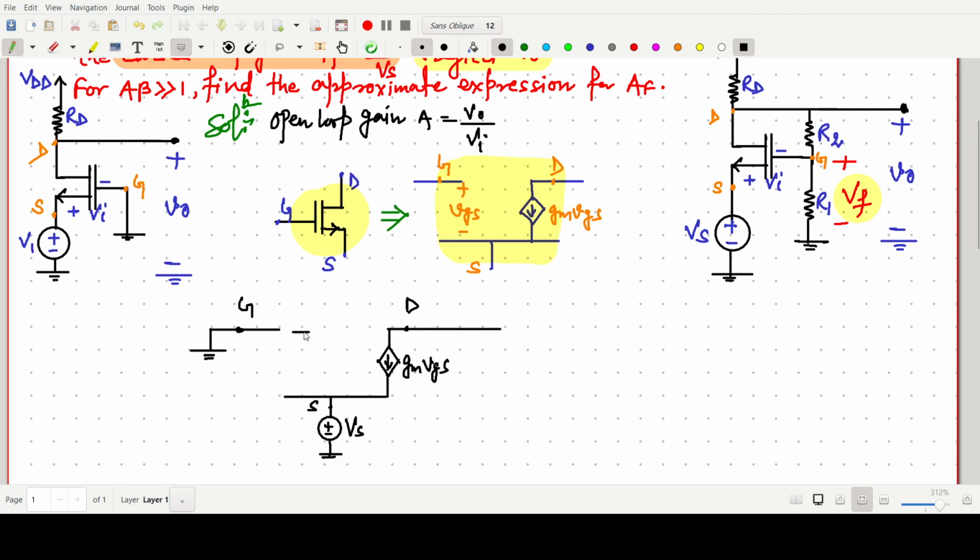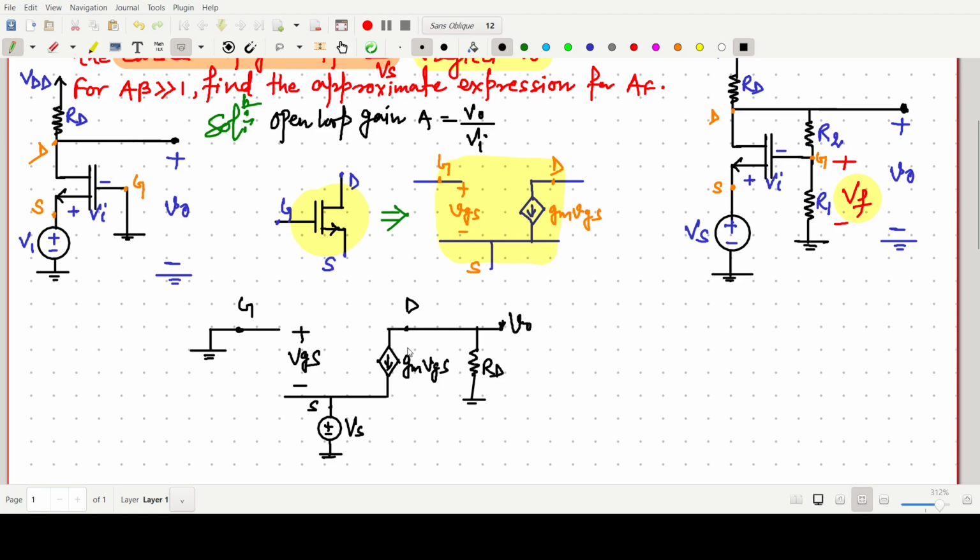Okay, and this voltage, as we know, is Vgs. This one is the drain, and to the drain, Rd is connected, so we have to put Rd here, and this one will be the V naught.